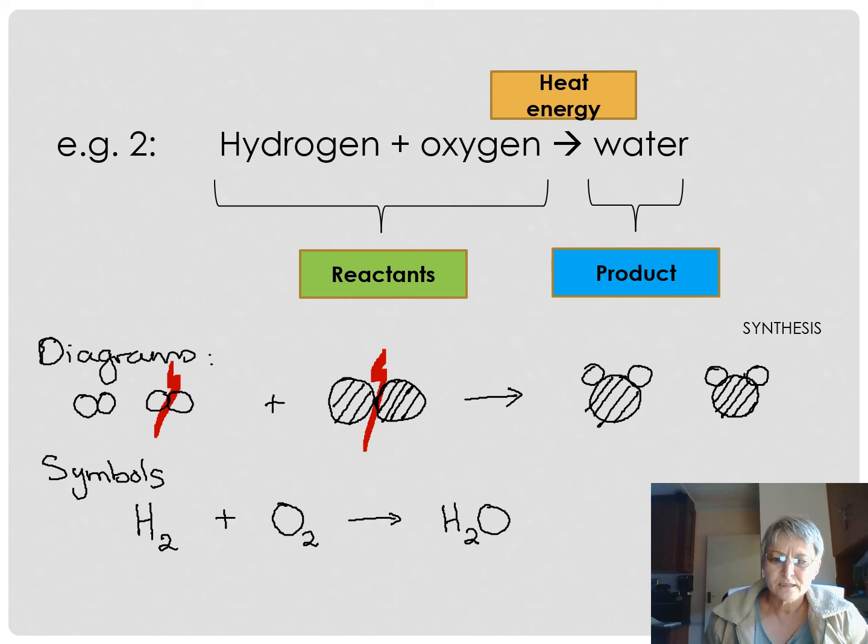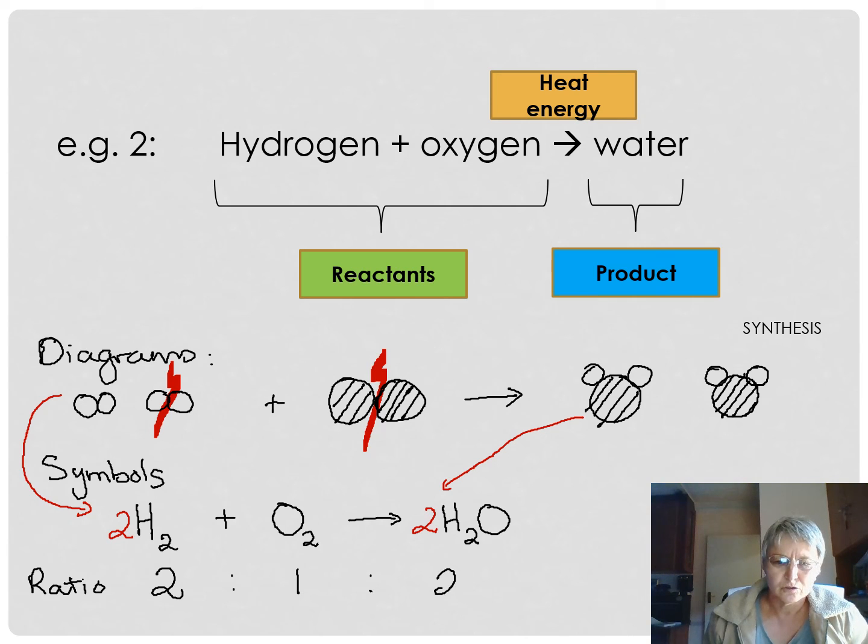But now we see that from the diagrams, we can see that there are 2 molecules of hydrogen and 2 molecules of water formed. So the ratio between the reactants and the products is given as 2 hydrogens, 1 oxygen, and 2 water molecules.